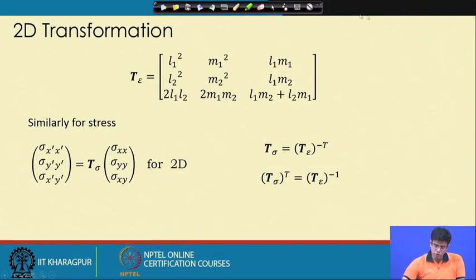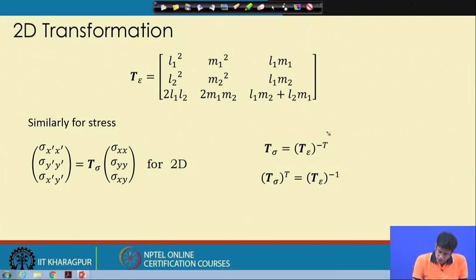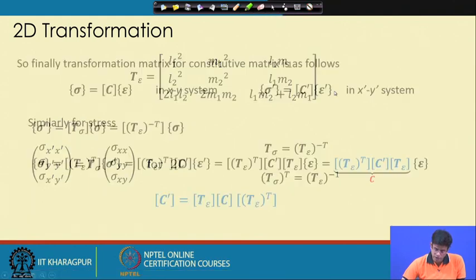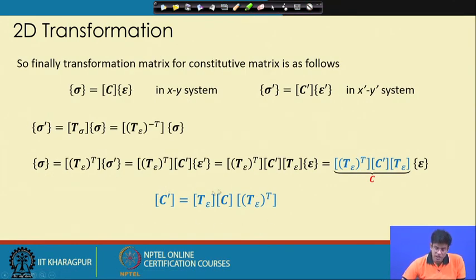We may not be able to use this formula for in general 3D rotation. So, there we have to have a different formula which may not be same as this. So, now we have achieved the rotation about an axis or rotation of a plane where the constitutive matrix will transform, and then we can extend it for the 3D case.